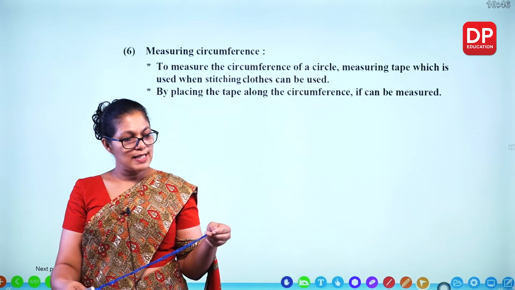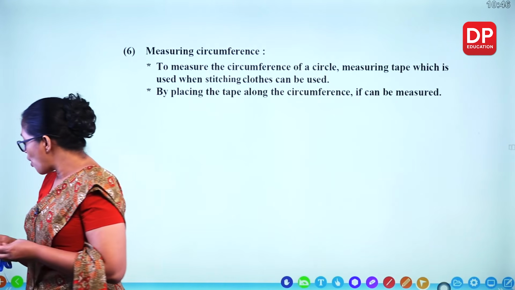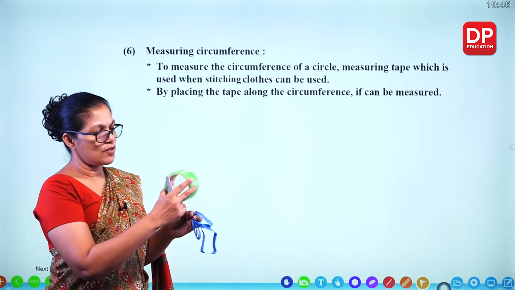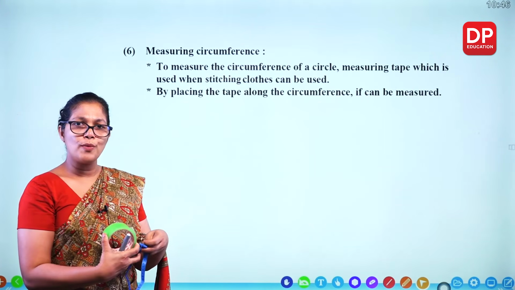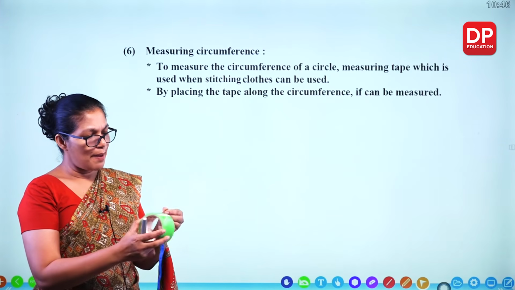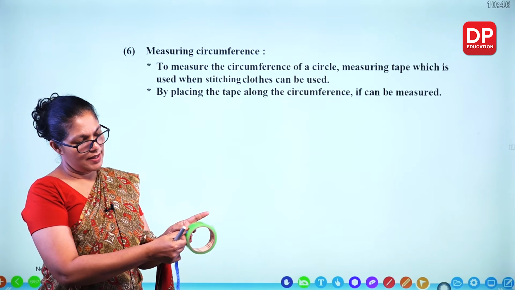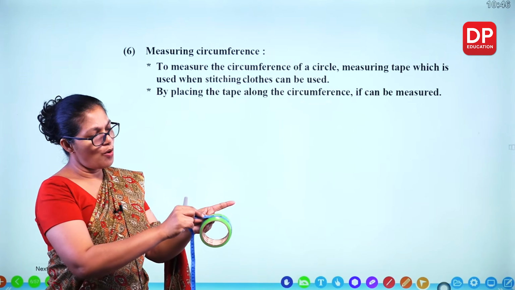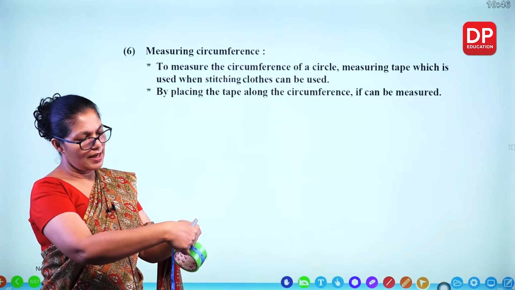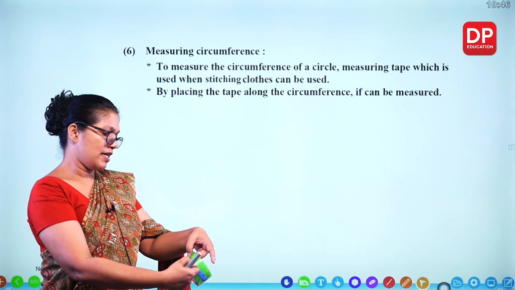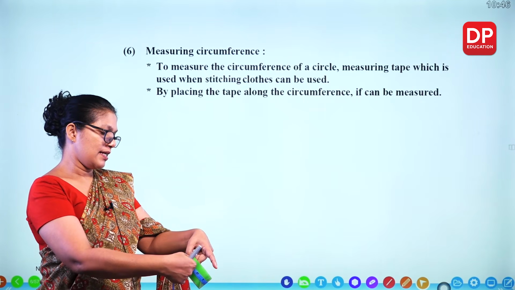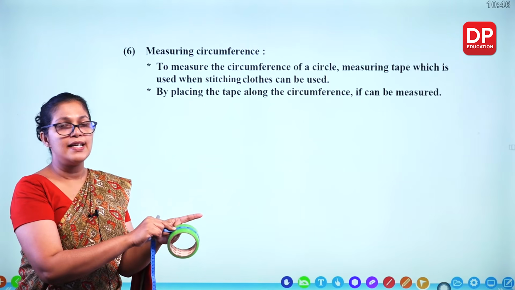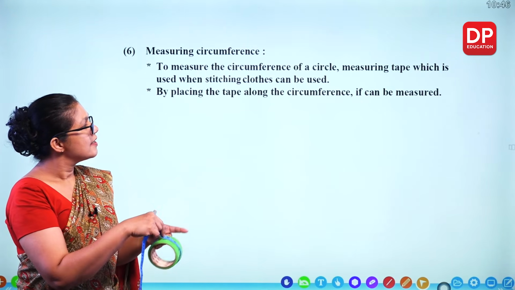We use the centimeter side, and if you want to measure any circular surface, we take the measuring tape, keep it here and take it around this and measure the value. So here you get 30 centimeters. This one exactly 30 centimeters.